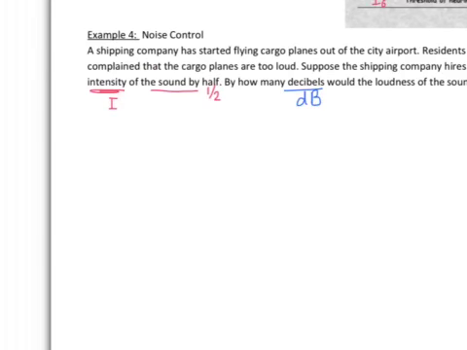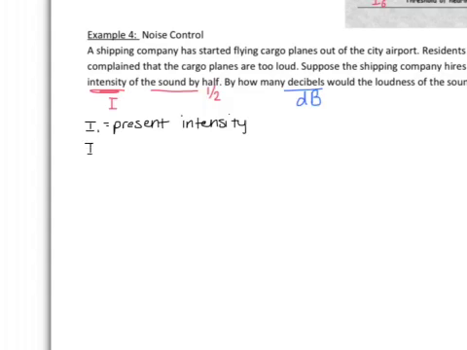So let's first define some variables that we're going to use. We're going to use I1 as the present intensity. That's what people are complaining about, and that's what we want to cut in half.